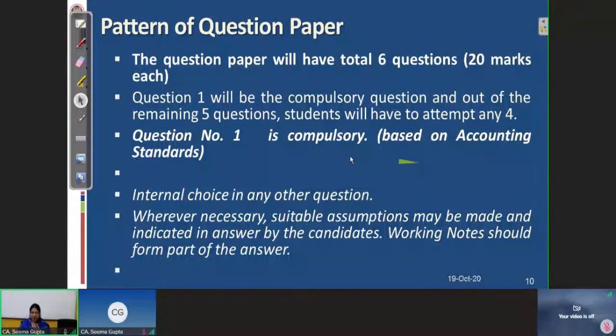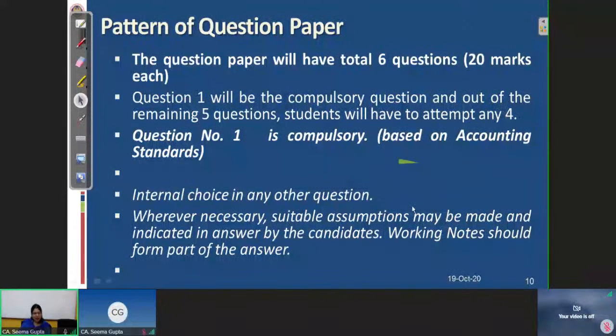Not only from the examination point of view, but even after becoming a chartered accountant in real life, either you are in practice or in business or in a job, wherever you go, you will have to apply the accounting standards. You should know how to apply those accounting standards in real life scenarios.